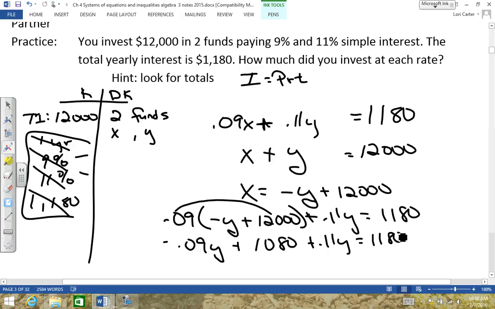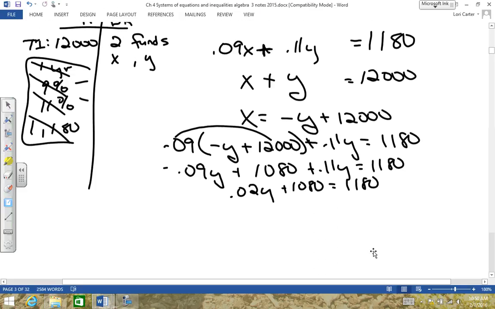Now what? Let's get rid of that 1,080. No, not yet. What do you always combine first? Like terms. So you have to put these two together. You have 0.02Y. Now I would agree. You've got to get rid of the 1,080.